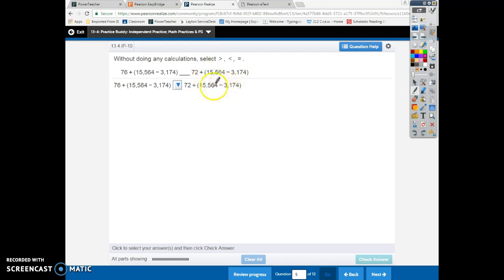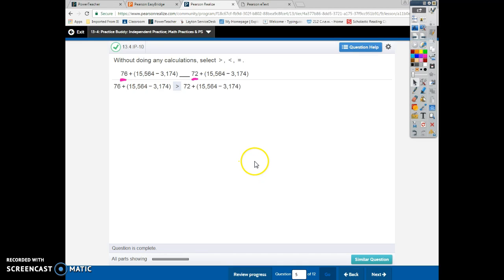I'm still using the order of operations as I'm thinking about this. 15,564 minus 3,174, and then I'm taking this difference and adding 72. So one, I'm adding 76. The other, I'm adding 72. That would tell me that the one that I'm adding 76 to should be greater than the one that I'm only adding 72.